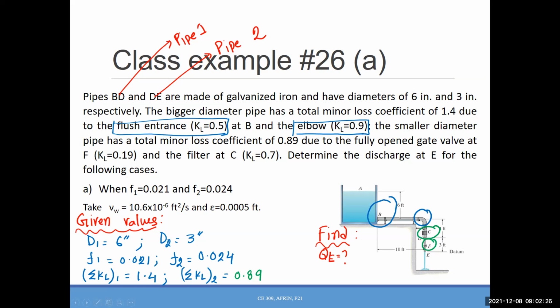Now, since we have more than one pipe size, we can call this a pipe system. We need to identify at the very beginning whether these pipes are connected in series or in parallel. What do you think? They're connected one after another, so they are connected in series, right?